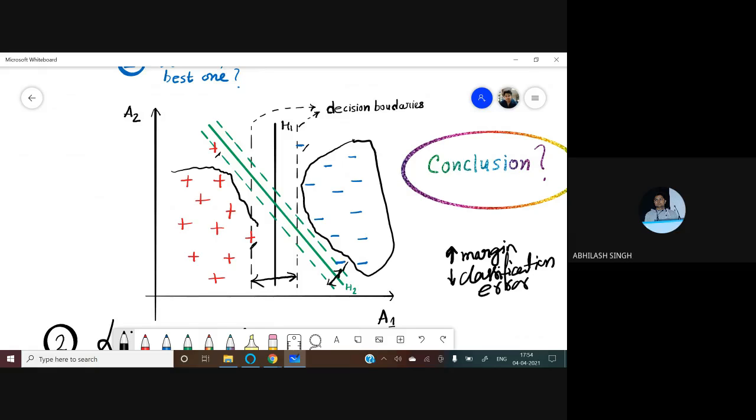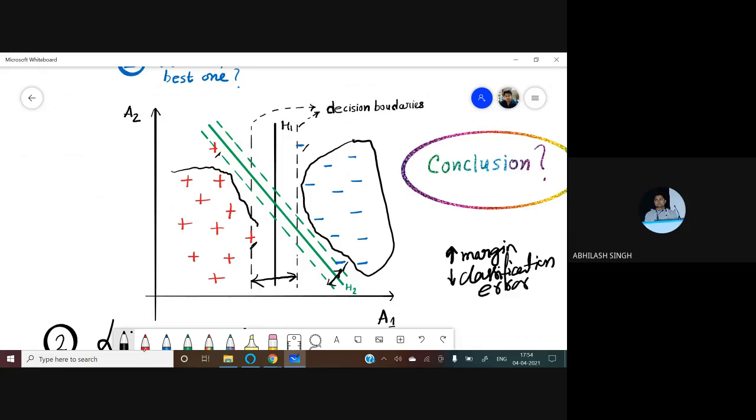Margin is the distance between two decision boundaries, and we are interested in maximizing this margin because we want to reduce the classification error on the testing data. For that we have to ensure that the margin is high, so that it doesn't get overfitted.